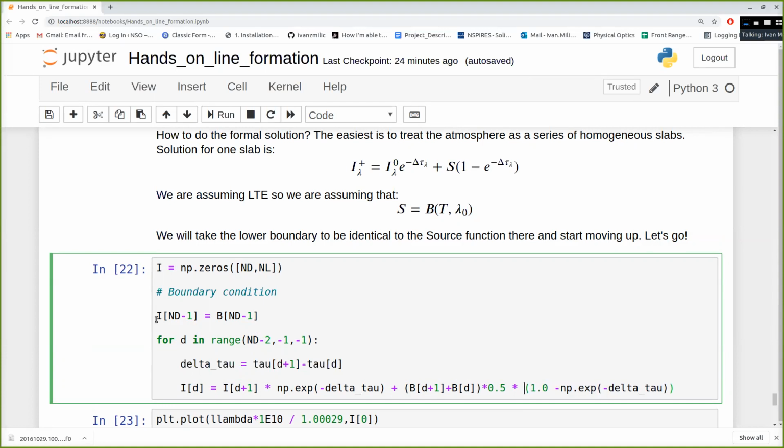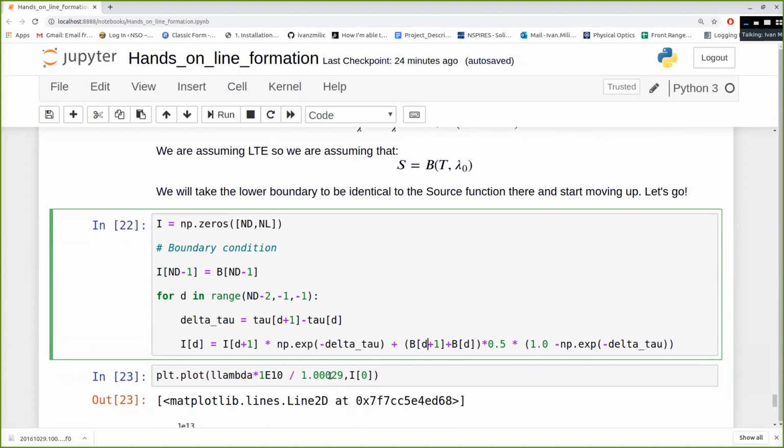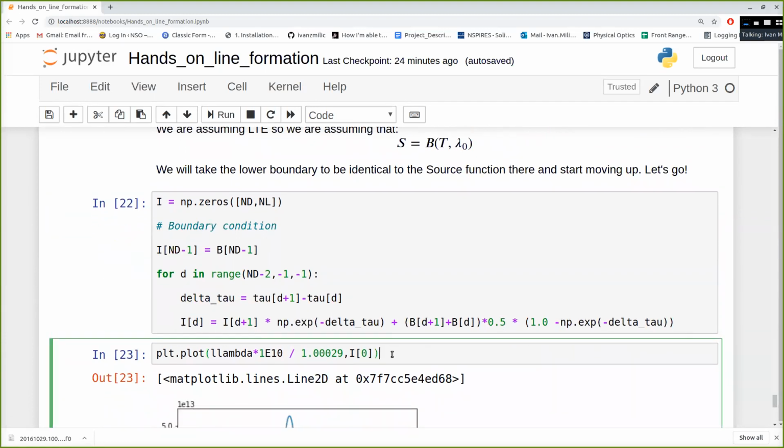And this is going to do it simultaneously for all the wavelengths. And then finally, the only thing that I need to do is transform my wavelengths back to angstroms and plot I of 0, which is my outgoing radiation.